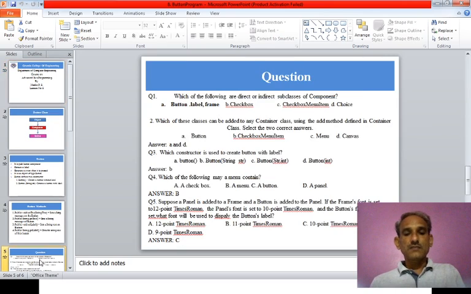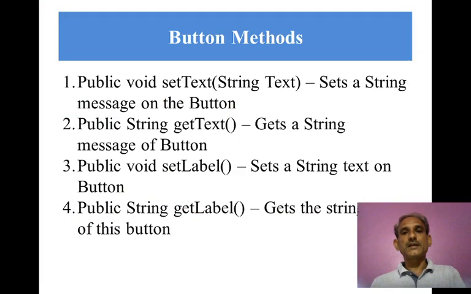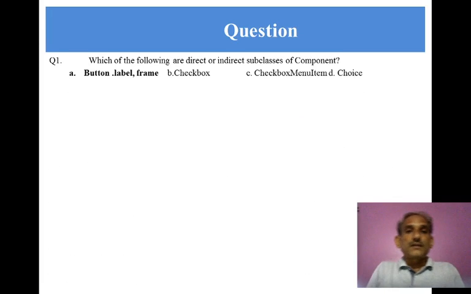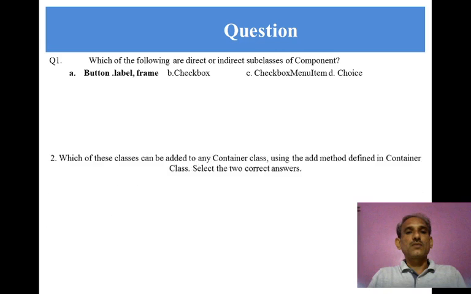So there are some questions asked in your examination, like this: which of the following are direct or indirect subclasses of Component? A Button, Label, Frame; B Checkbox; C CheckboxMenuItem; D Choice. So the first one is correct, that is Button, Label and Frame are direct or indirect subclasses of Component.